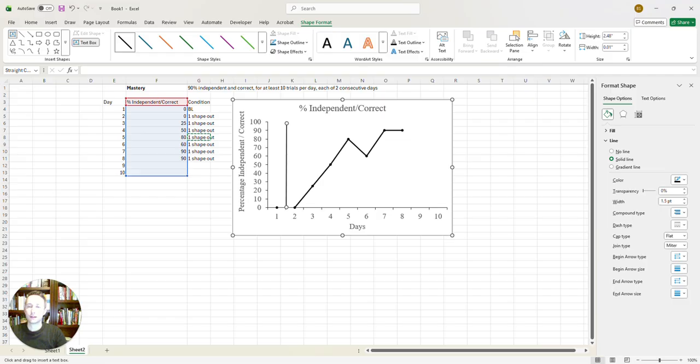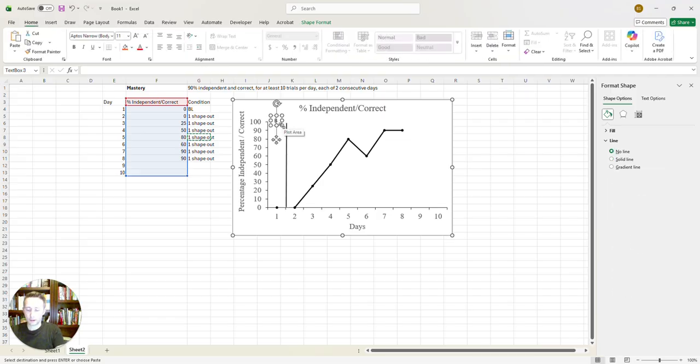We have a baseline right here. Okay, that's baseline. And we have an intervention phase that we, I guess, are calling one shape out. That's fine. Okay, let's just do that.